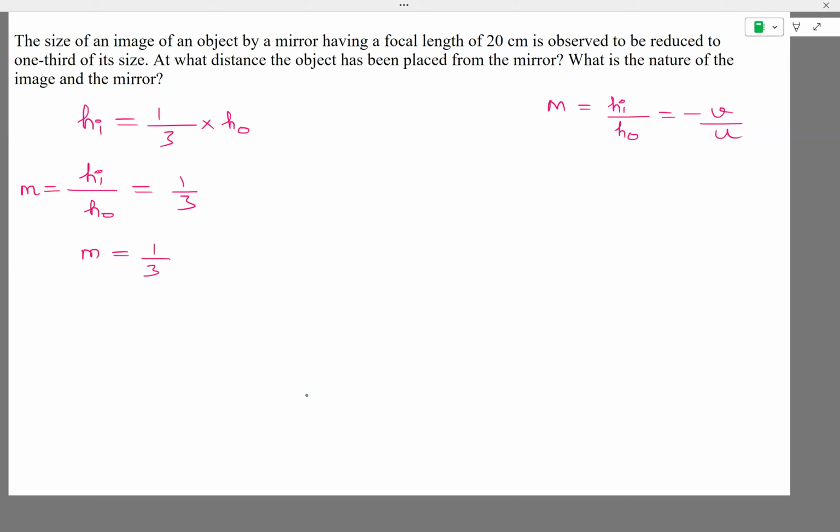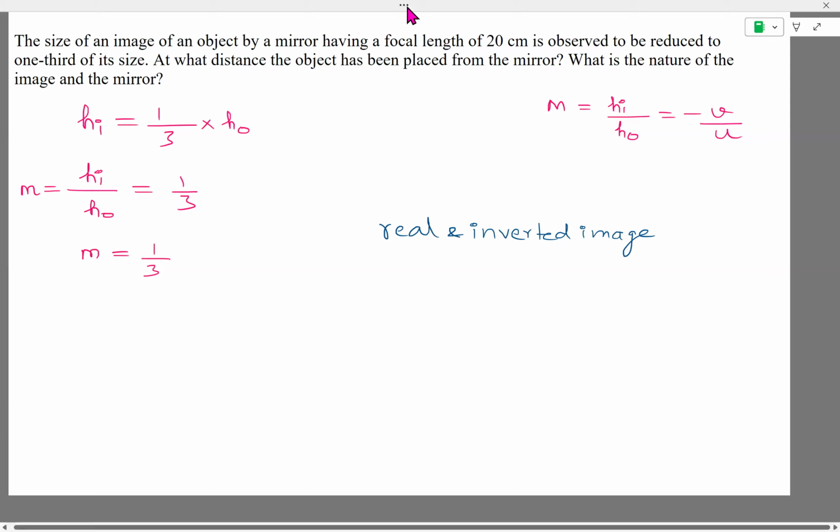Correct? That means you can have two cases. If you take a concave mirror, you can have a real inverted and diminished image.